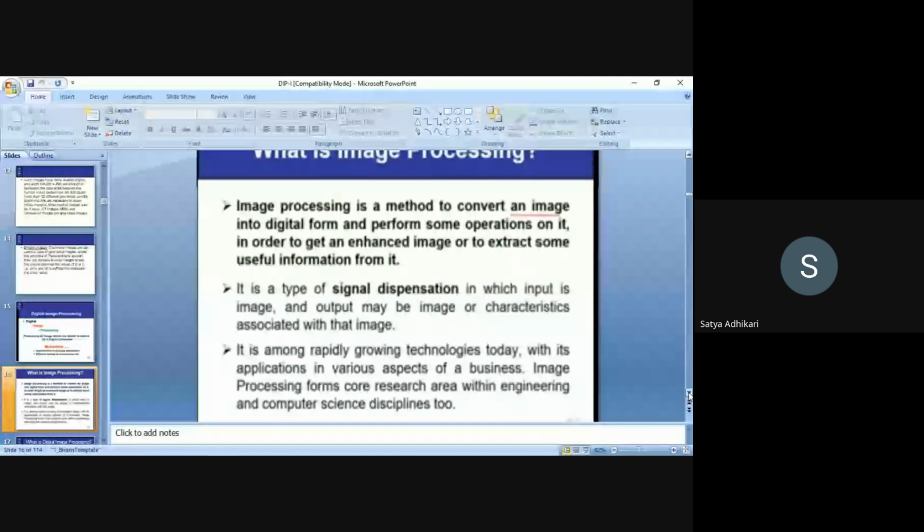That is the processing. In order to get an enhanced image, you can increase the size of the image, and extract some useful information from it. This is important. As we discussed, we are interested in some part of the image, so you can extract that part only.